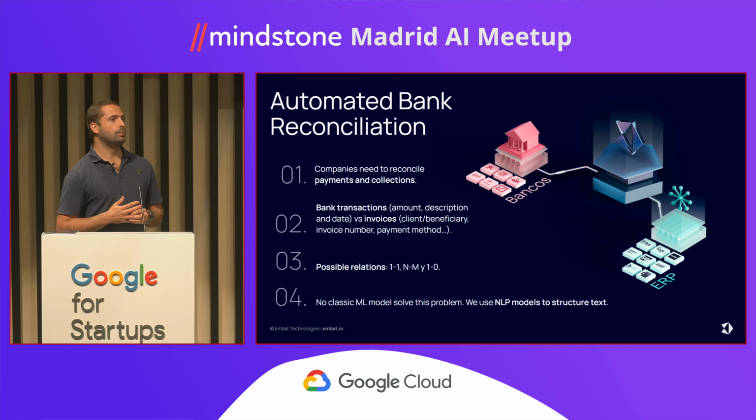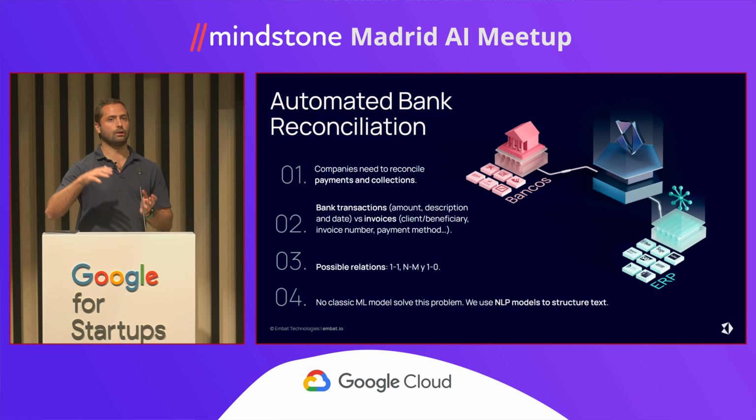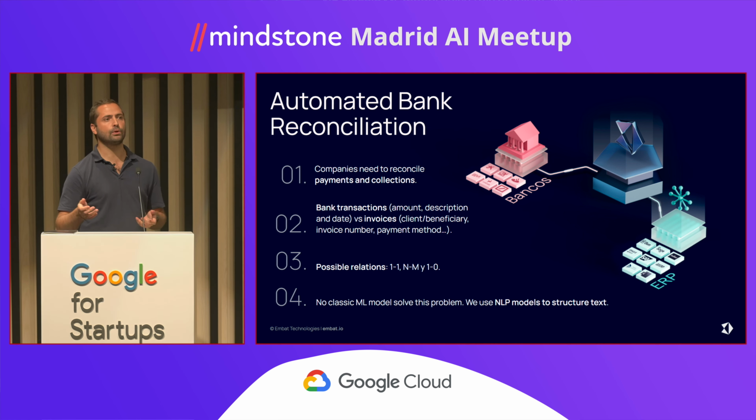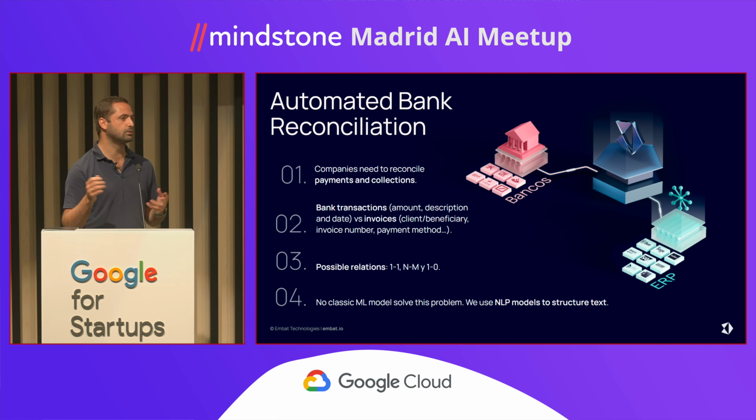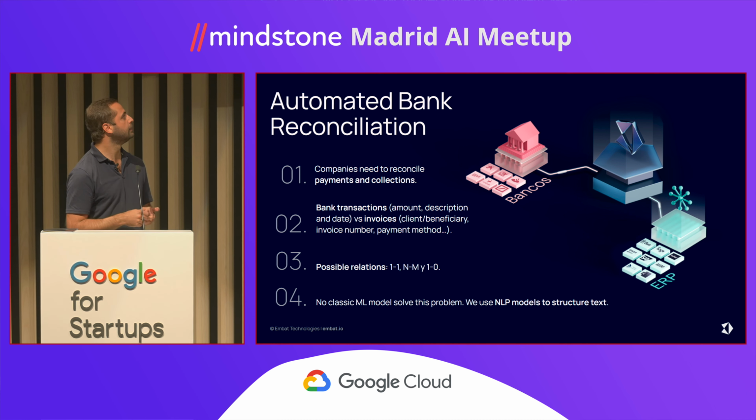At Embat, we connect in real time to our customers' banks and their ERP systems. So from the one side, we get the bank transactions, once again, in real time. And from the ERP, we get a lot of different data, such as, mainly, the invoices, their counterparties, and other variables they use for tagging all these documents, right?